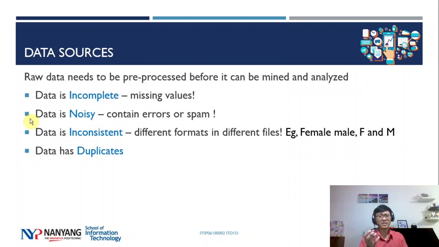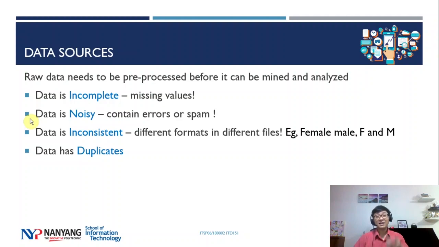Before you can find the data meaningful, you need to process it, before you can mine it or analyze it. So you need to refine this data. What do I mean by this? We need to do some pre-processing.